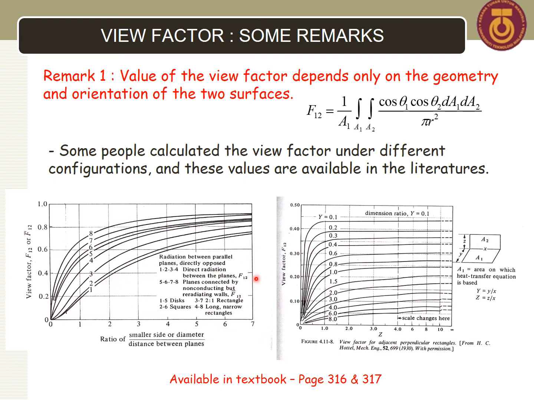There are two examples available in your textbook on pages 316 and 317. You can refer to these two graphs. I'm going to explain how to use this graph to obtain the value of F12 for a certain geometry.